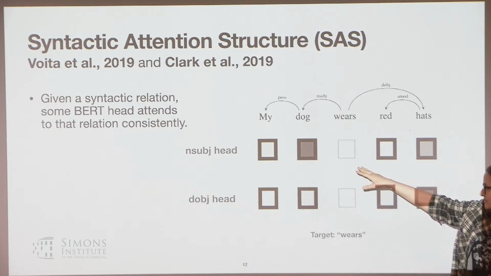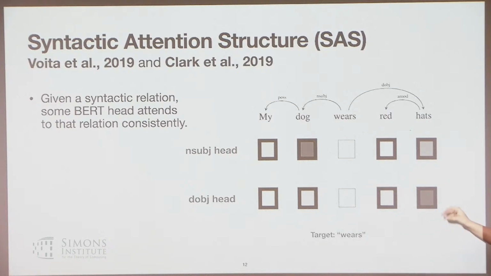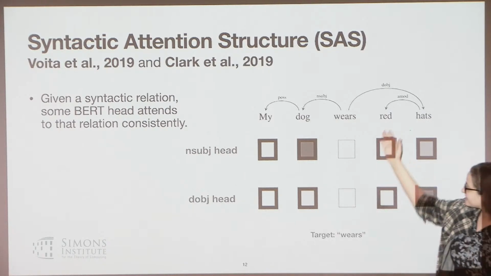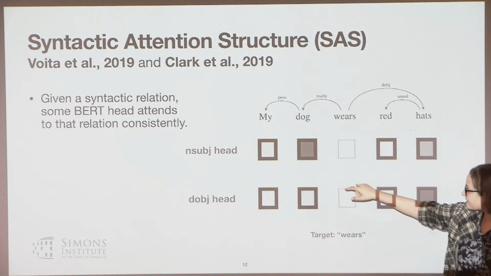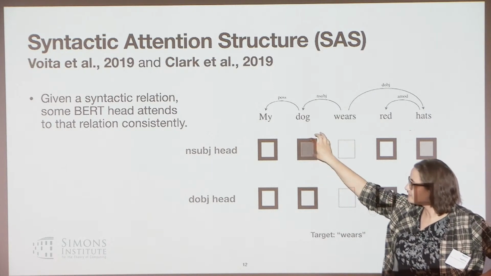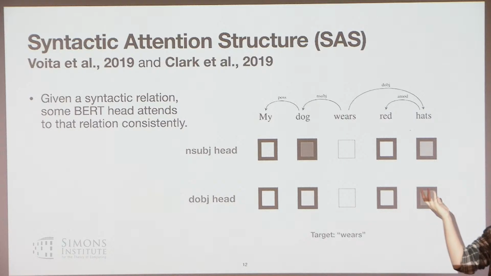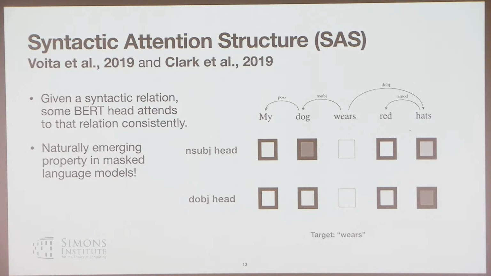We can call it the subject head here. So if you've masked out a word, you can see the subject head attends to the subject of that token. So fairly straightforward. It shows up just naturally, and it is measured with unlabeled attachment score.